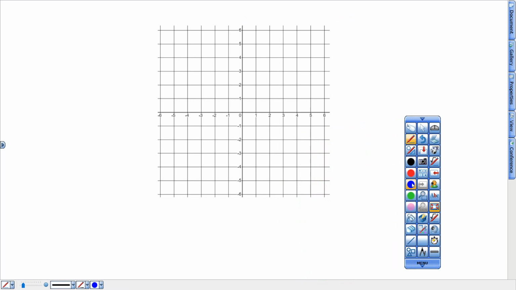How about y equals 4x minus 6, and then let's do the other one, y equals 1x plus 3.